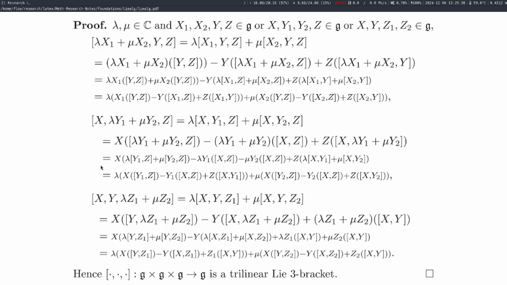So it's pretty straightforward, and actually this proof is made shorter by applying the recursion rule, because I used the multilinear Lie bracket recursion rule, which I proved, in order to simplify these proofs, because without that I would have had to write even more terms here.